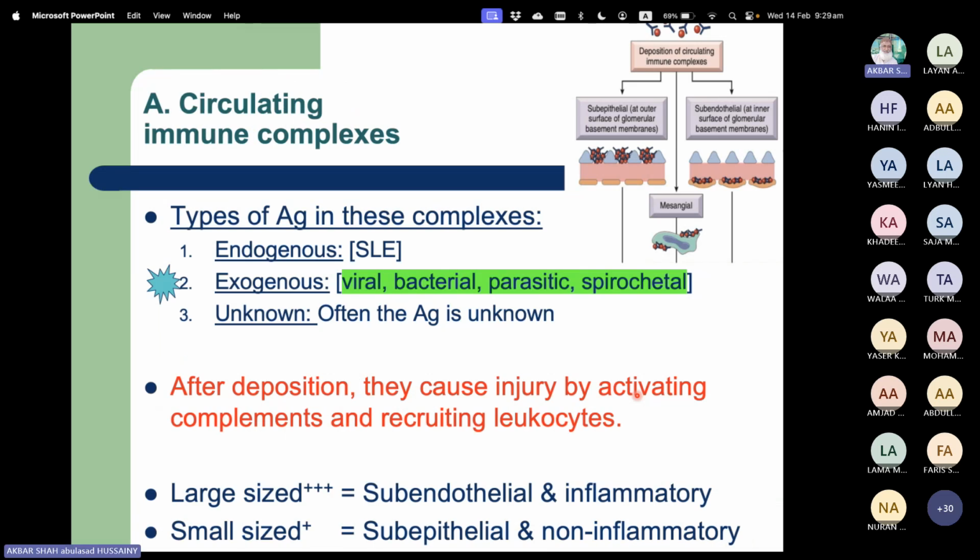More detail about these circulating immune complexes. What type of antigens are present in these complexes? Most important, of course, the endogenous antigen is the systemic lupus erythematosus antigen from SLE. So this is always a problem in many organs.